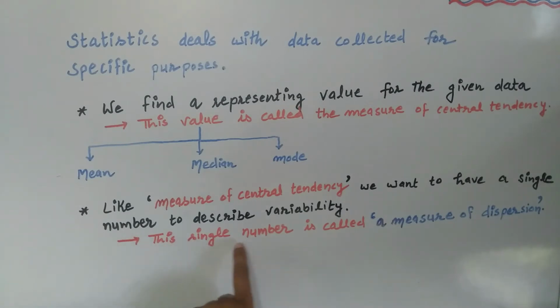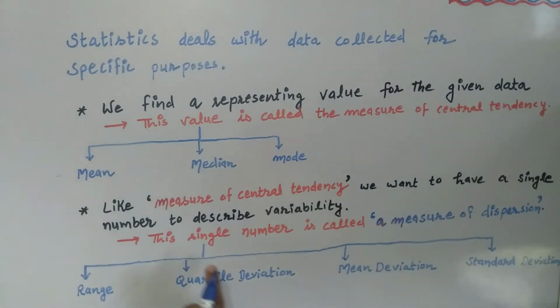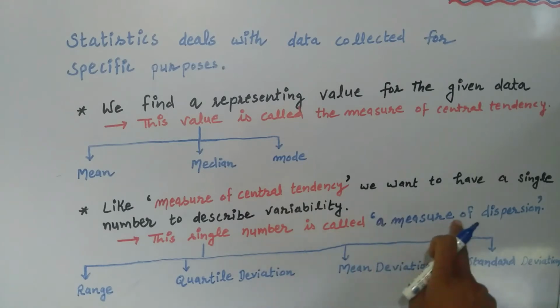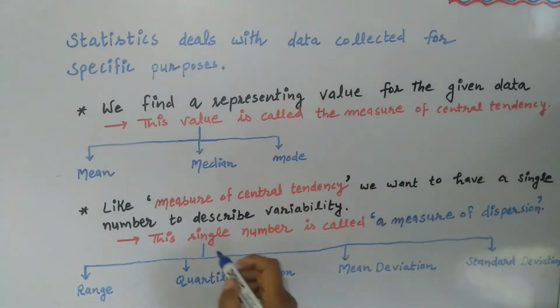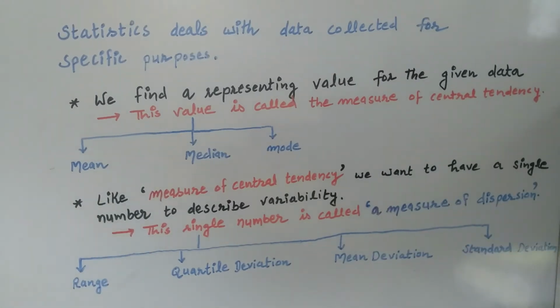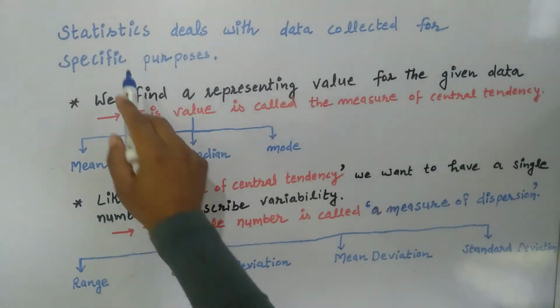This single number is called a measure of dispersion. We discuss range, quartile deviation, mean deviation, and standard deviation.